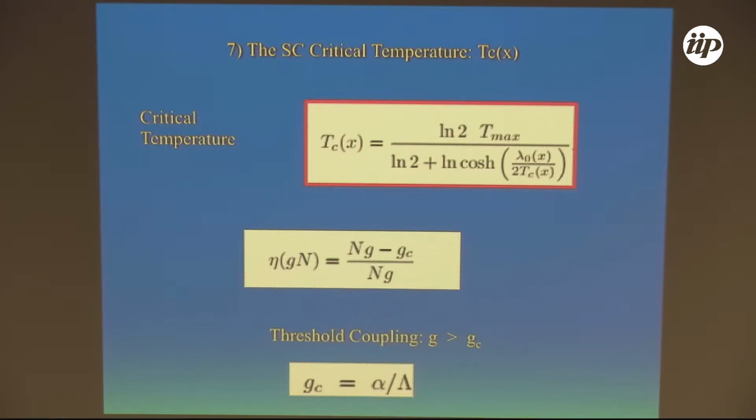Now, if you look attentively at this equation, you'll see that the critical temperature will be maximal when the chemical potential vanishes, because for lambda equal to 0, hyperbolic cosine is 1 and logarithm of 1 is 0.